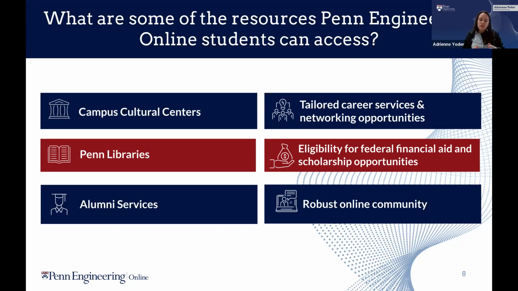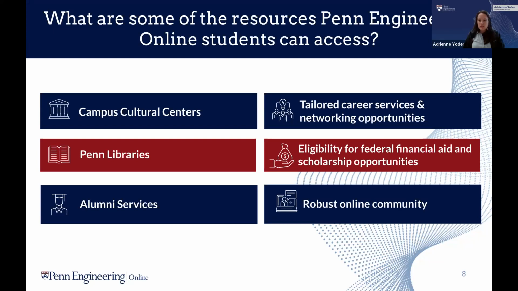Additionally, when you graduate from your degree program, you have access as well to all of the Penn alumni services that on-campus students have. So some of these include the Penn Alumni Societies, the networking events that the societies put on, and the larger Penn Alumni Organization puts on.